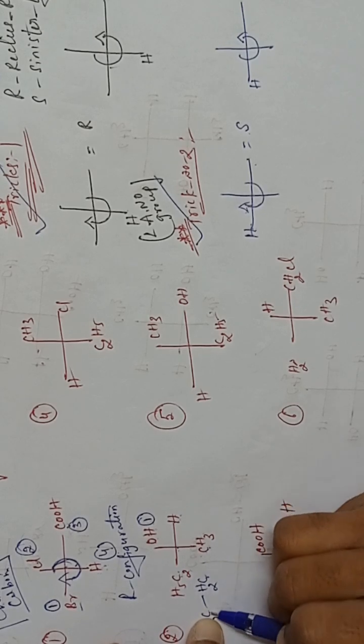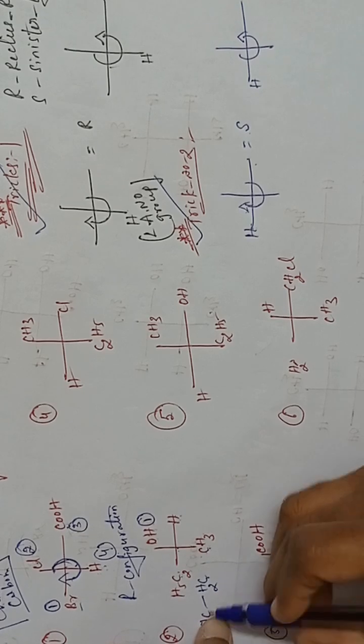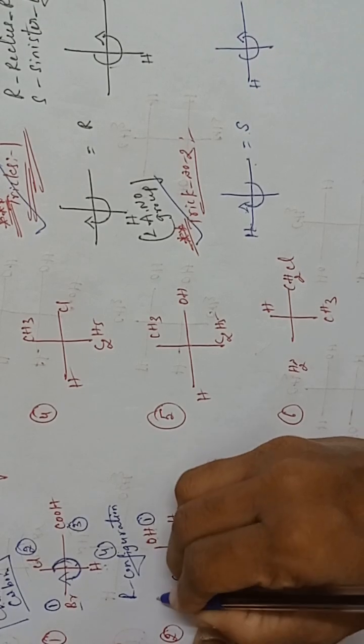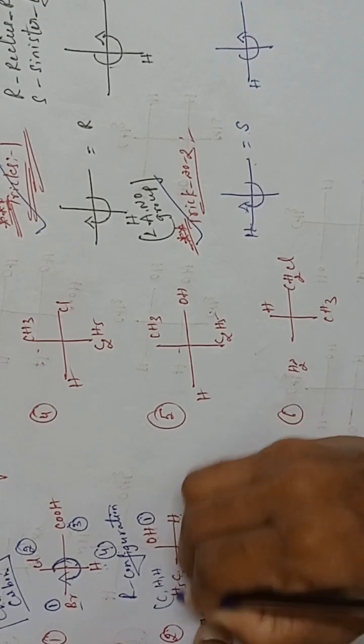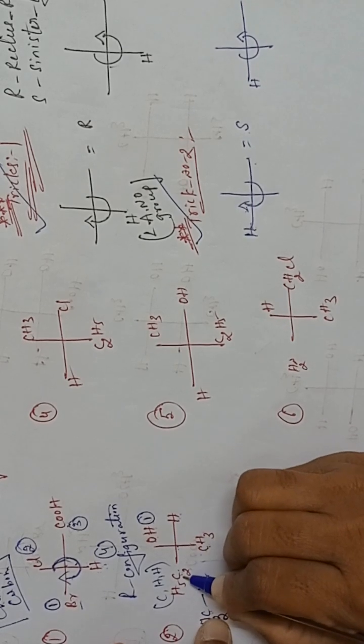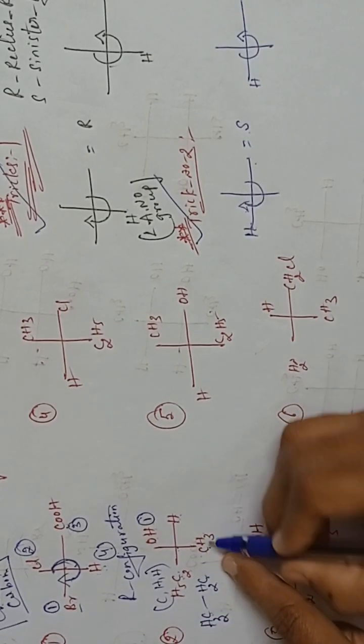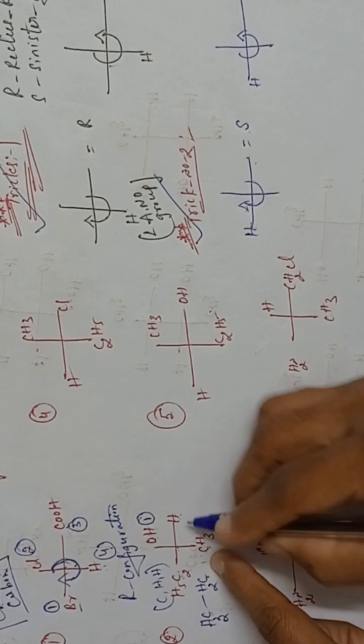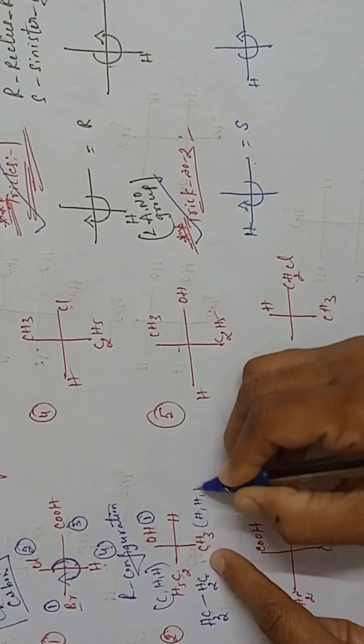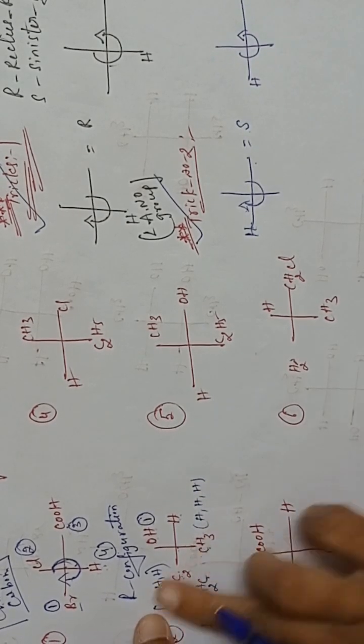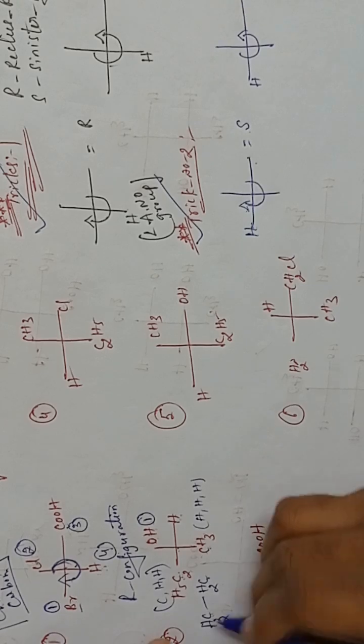So 1 carbon and 2 hydrogens. Now see here CH3: for this carbon, 3 hydrogens are attached. Clear? Write like this, students, then it will be very easy for you.